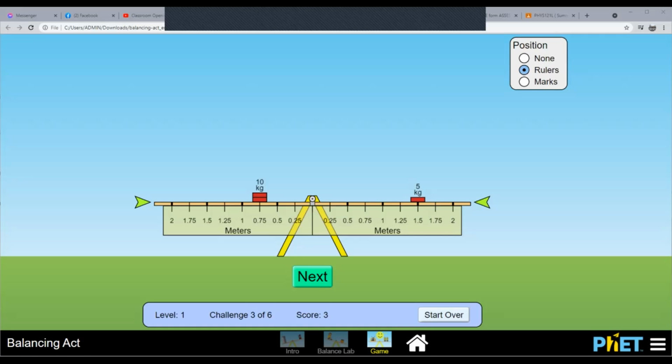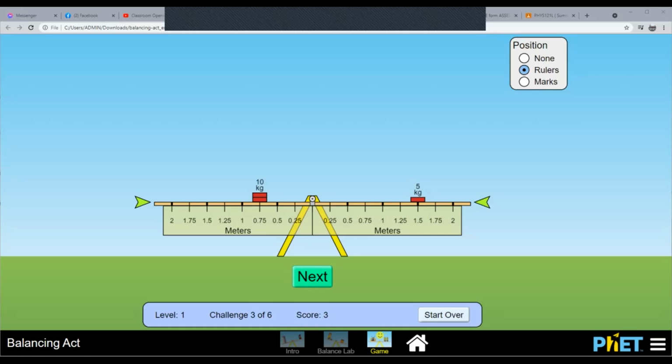Nakabalance ito, balance condition to. Hindi natin pinapakialaman yung distance kasi alam na natin na ang balance condition nito, dapat 1.5 meters yung 5 kilogram from this distance. Dapat yung 10 kilogram 0.75 from this distance. What happens kung dinagdagan natin ito? Yung 10 kilogram, sige, gawin na natin na 20 kilogram.